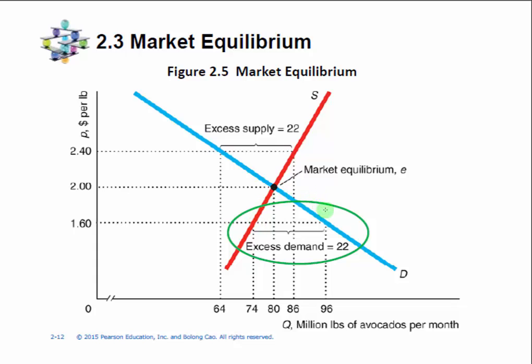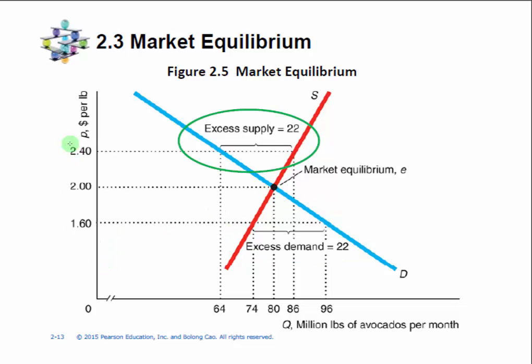So the buy side offers a higher price, and the sell side charges more and sells more. This kind of behavior from both the supply side and the demand side will bring the price up to $2, and the quantity supplied increases from 74 to 80. Quantity demanded decreases from 96 to 80. And now the market is back in equilibrium again.